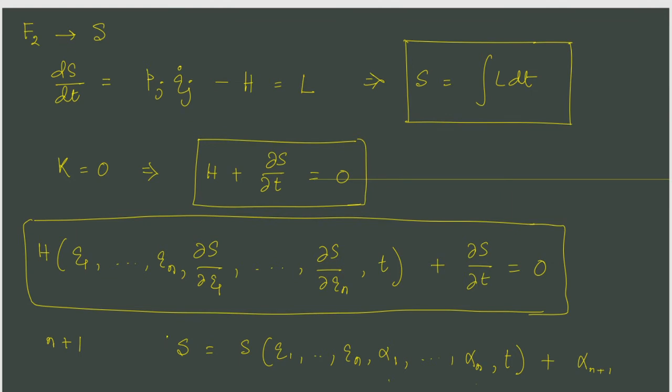So our target would be to find S. If we can find S, then we are kind of done with the problem. Now this Hamilton-Jacobi equation can be expressed in a somewhat different form, particularly when the Hamiltonian is not a function of time. So if the Hamiltonian is not a function of time, then we can write the Hamilton-Jacobi equation as follows.